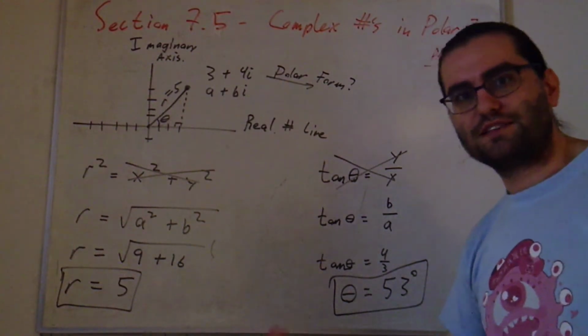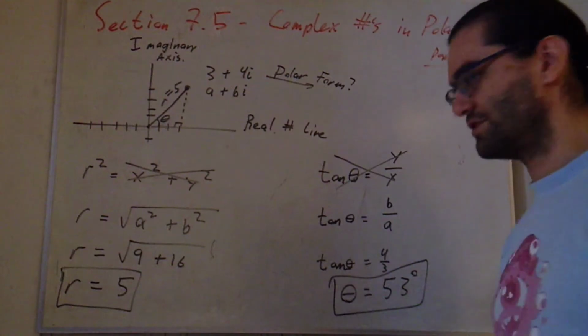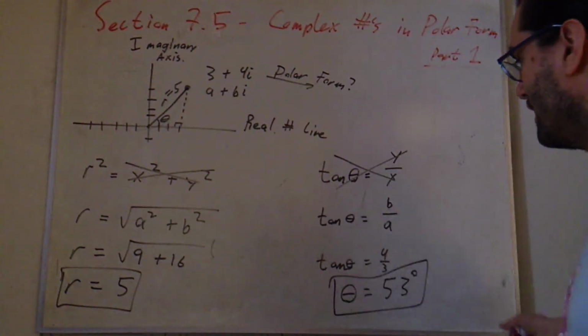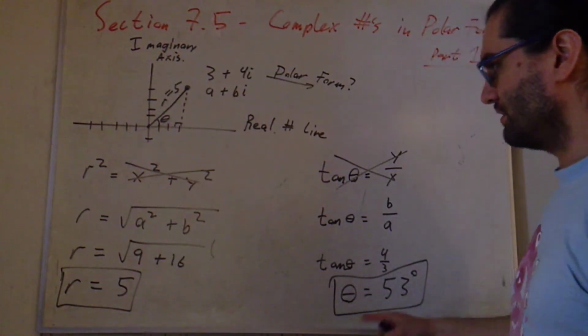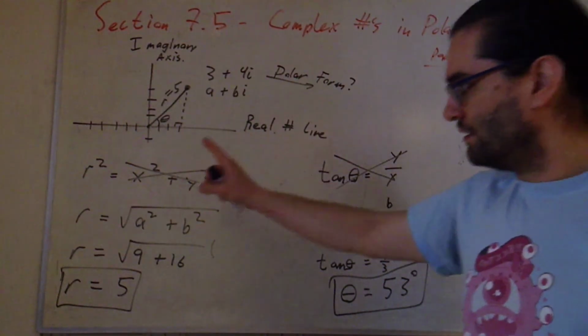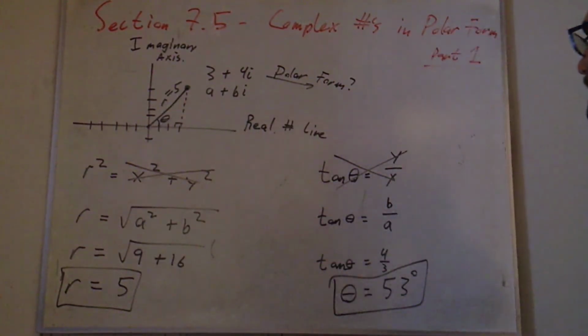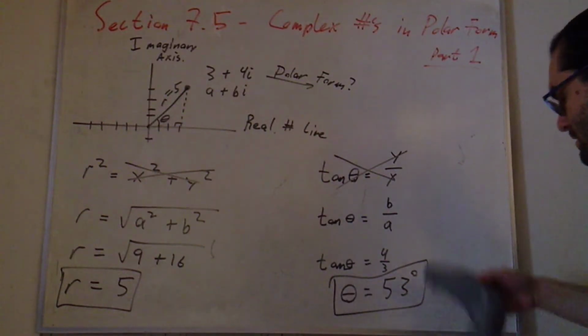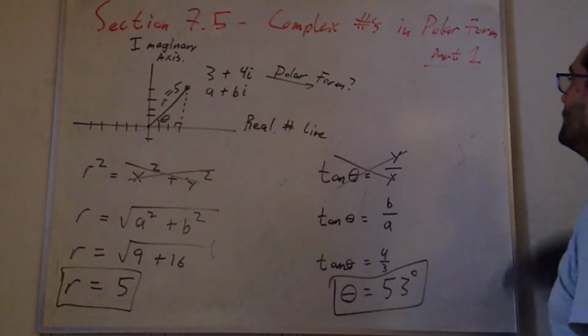If it's a nice angle that you're familiar with, you can just use the theta. So that's the calculator question answered yet again. Let's talk about r's and thetas and how we're going to put this together.